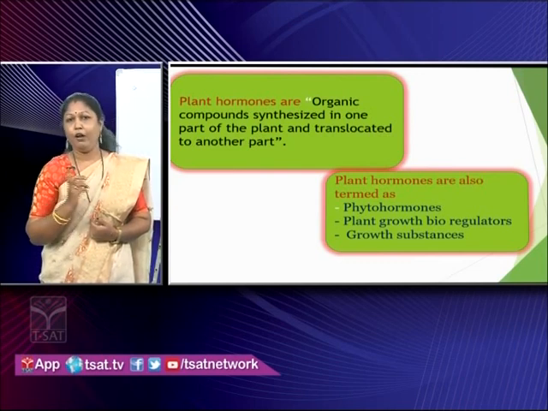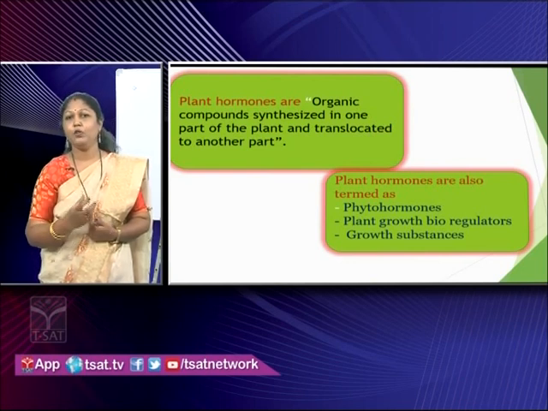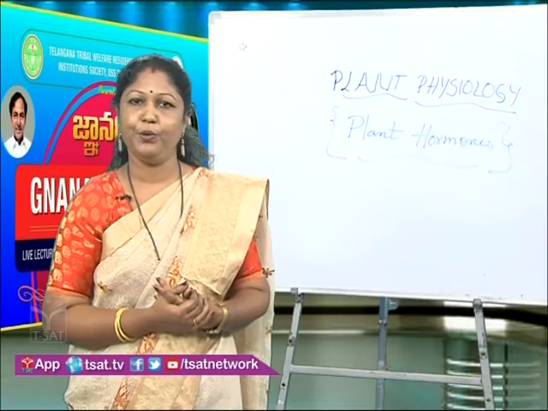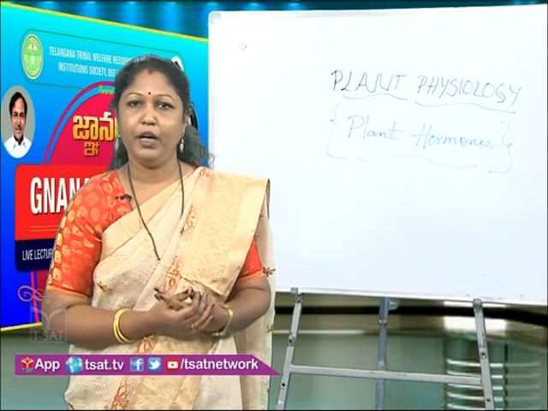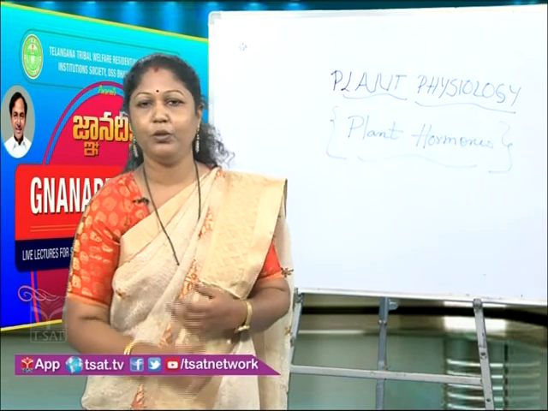For a long period of time, the term plant hormones has been used for defining these kinds of chemical substances, but as the knowledge about them developed, hormones are more associated with animals rather than plants, because their physiology is completely different from plants. So, now the most appropriate word that we are going to use is plant growth bioregulators or growth substances. Hope it is clear. Now, let us move on to the next one.